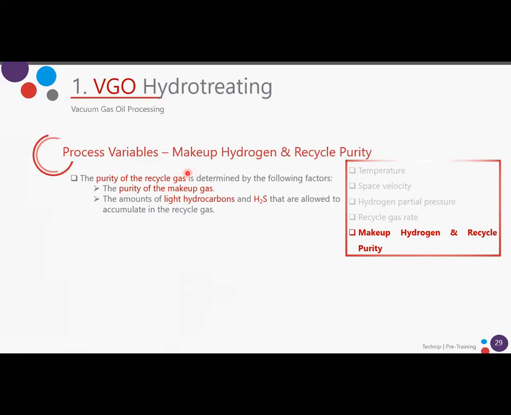So the purity of the recycled gas, remember, that is part recycle and then you add some makeup. So it is determined by the following factors: the purity of the makeup, and of course the amount of light hydrocarbon and H2S that are allowed to accumulate in the recycled gas.